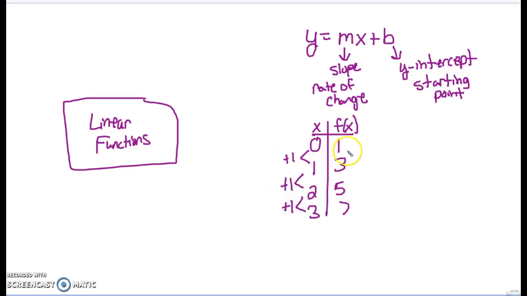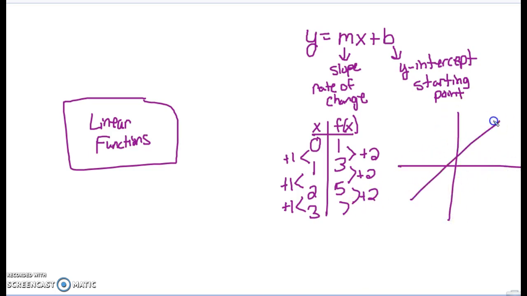As long as they're going up the same rate on both sides, +2, +2, +2, then that's going to be linear. Our graphs, I'm sorry, I know this is a mess. Our graphs are just going to make a line. All of them, they could be a positive line, a negative line. They can even be a horizontal line, but those are lines.